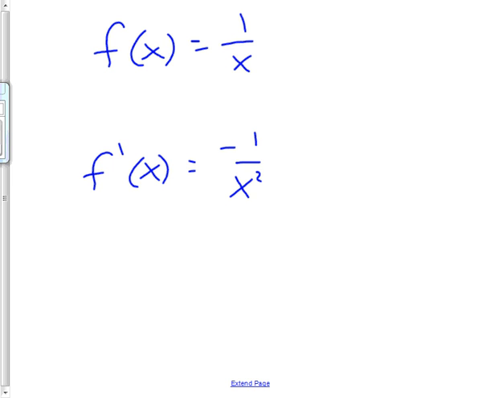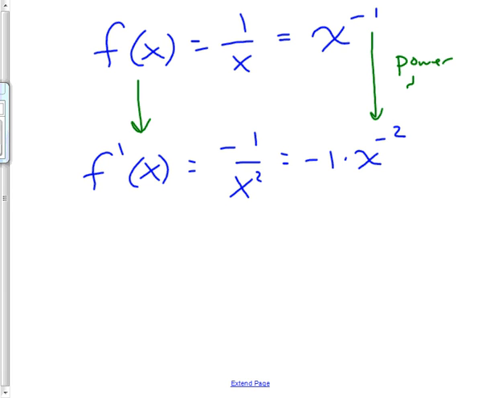And I think it might be helpful to rewrite this using negative exponents as x to the negative 1, and this is negative 1 times x to the negative 2, knowing that a negative exponent just turns it into a fraction. And once again, this corroborates our findings so far, that going from a function to its derivative, the power drops by 1.